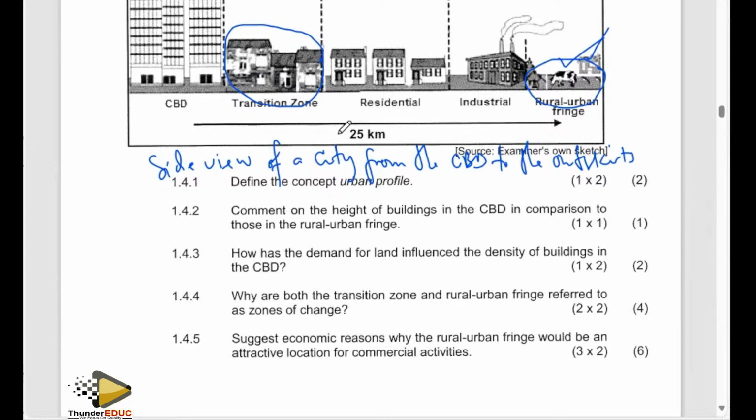So if you look at the zone of transition, why are we calling it a zone of change? It is because here, the zone of transition marks a change from the CBD, which is a commercial and a residential area. So it marks a change in land use zone from commercial to residential.